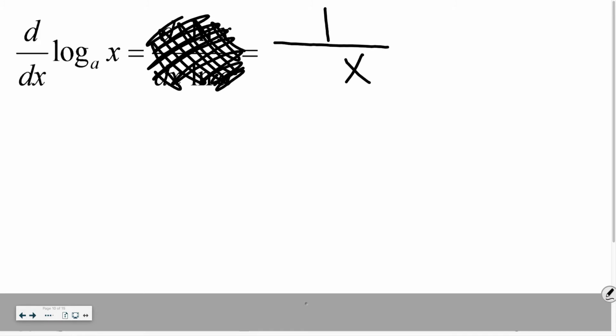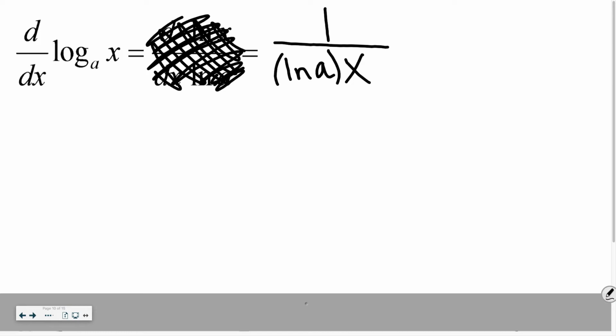So it's still 1 over x, but since the base is not e, we have a little bit extra to it: 1 over x times the natural log of the base.